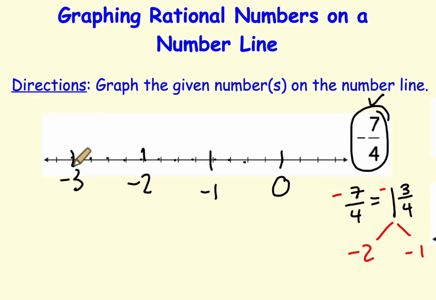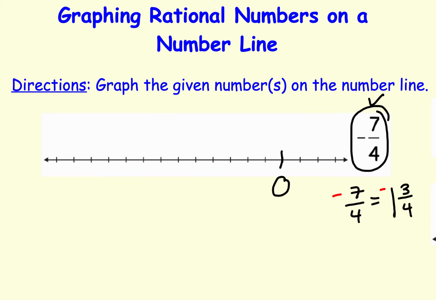Because I know that it's negative, it's going to go to the left, and it's beyond the -1. So it's -1, this would be 1/4, 2/4, and 3/4. Here on the number line, I actually write the number as it's given. I don't have to circle it. That was just a me thing to emphasize for you.